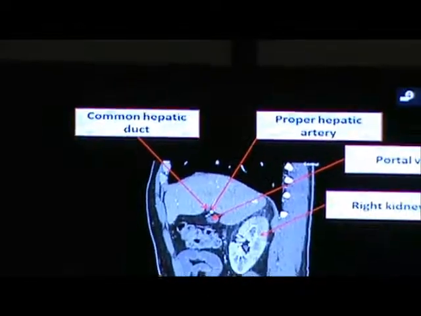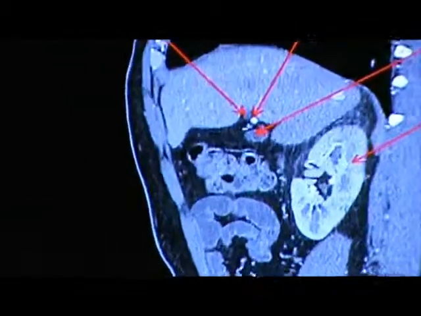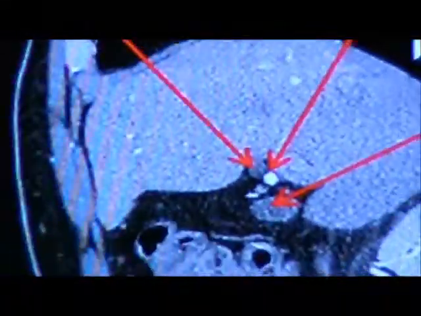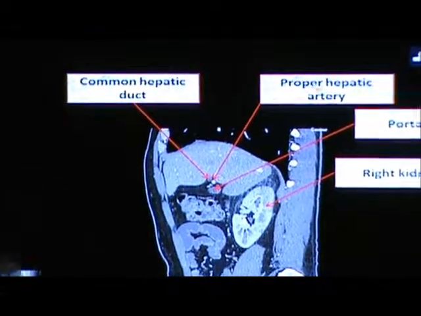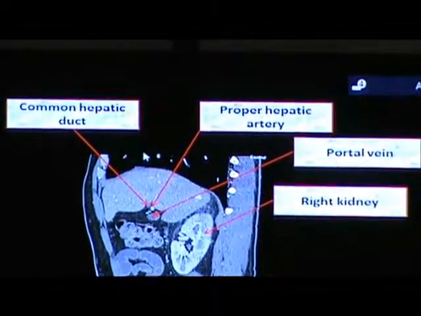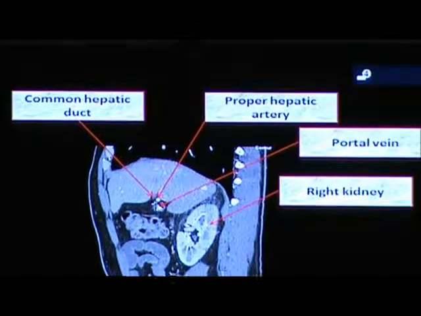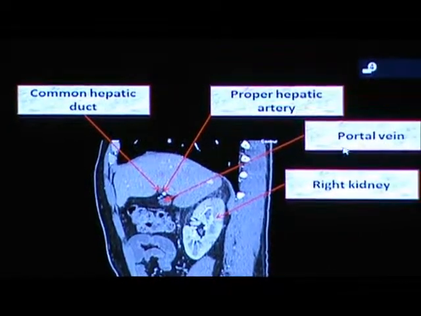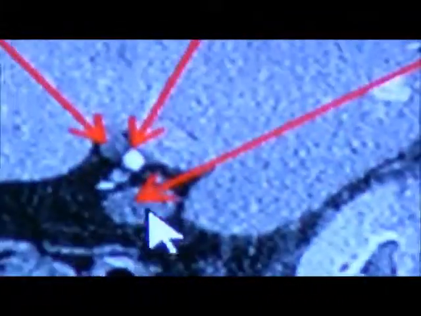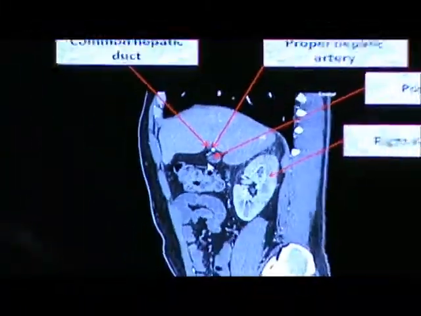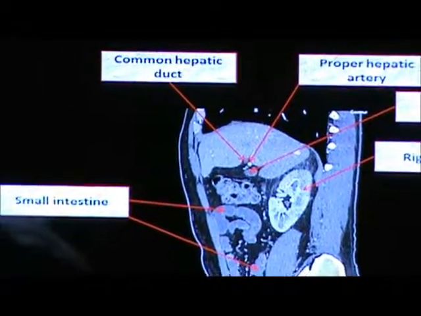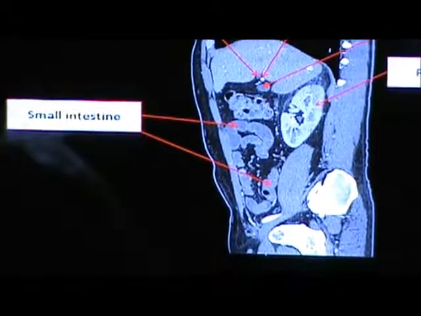At this level would be rather the proper hepatic artery already, and we have the proper hepatic artery, common hepatic duct, and a little more posterior to those two structures there is a portal vein. So those three structures are enclosed within the hepatoduodenal ligament. And those are small intestine coils.